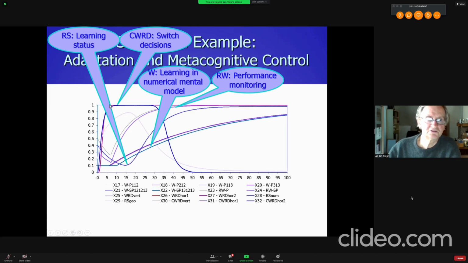These are the decisions to switch, and that's because the learning status of the numerical model is very low, so the learning skill is low here, and now it starts to increase with the increasing of this learning, and then it comes here, and then you see that this switch is not needed anymore at this point in time, because now the numerical model is already learning very well. So therefore that is just over after some time.